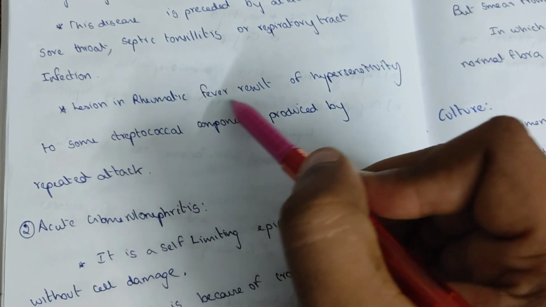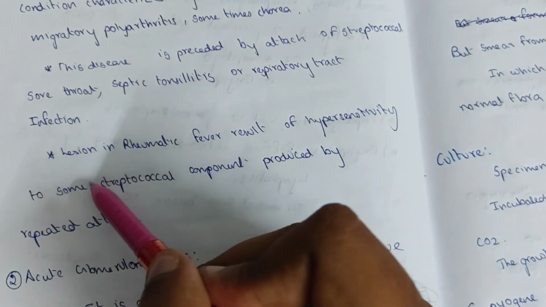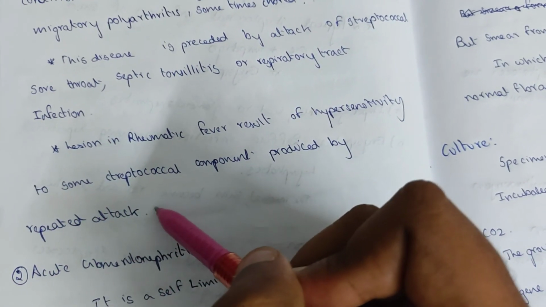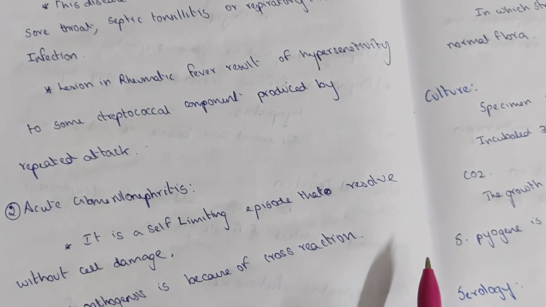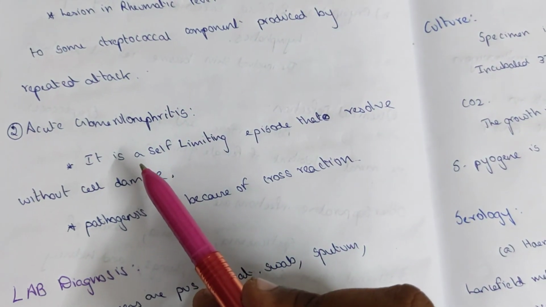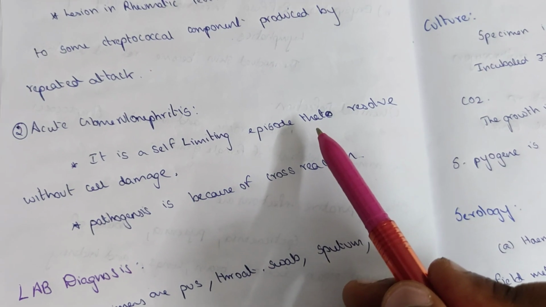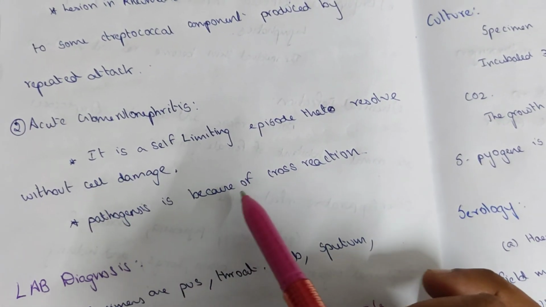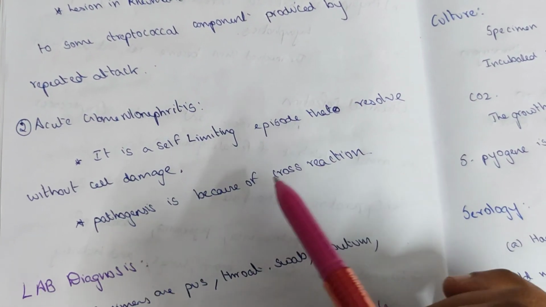The lesion of rheumatic fever results from hypersensitivity to some streptococcal compound produced by repeated attacks. Acute glomerulonephritis is a self-limiting episode that resolves without cell damage. Pathogenesis is because of the cross reaction.